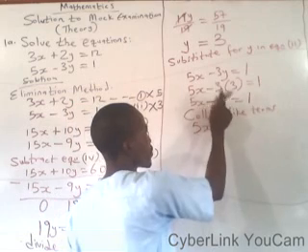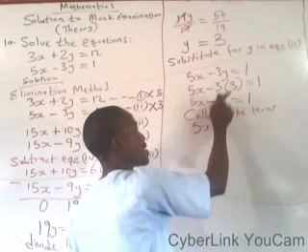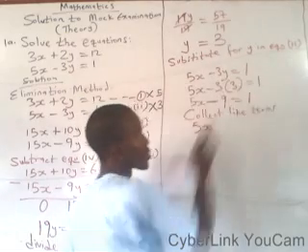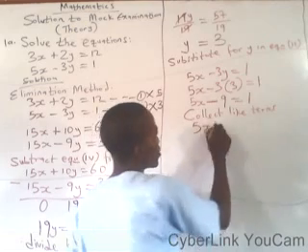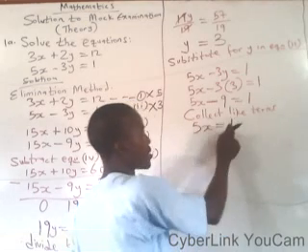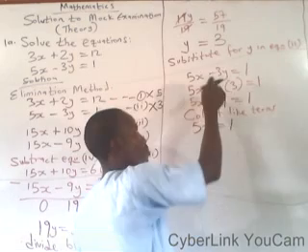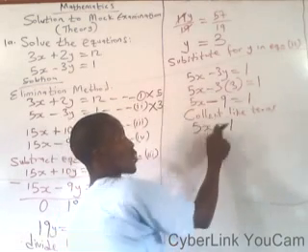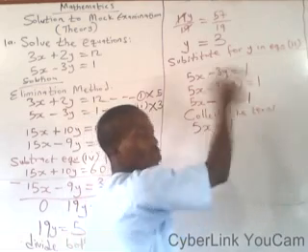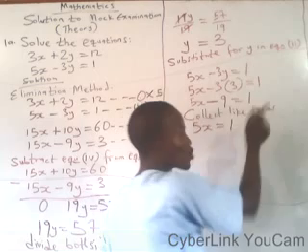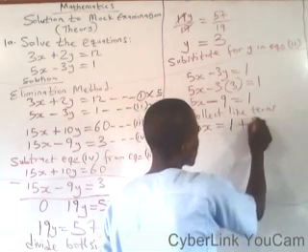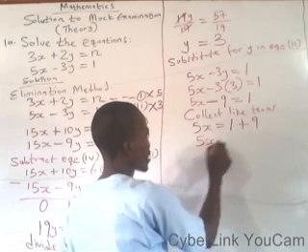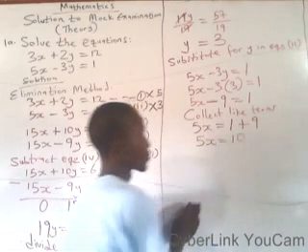This is minus 9. Don't forget, minus 9. 9 is now moving from this particular side to the other side because 9 does not have x. It is equal to 1. 1 is outside already, waiting for minus 9 to come. But for the fact that minus 9 wants to cross this equality sign to the other side, it is going to change from minus to plus. That is plus 9. Now we have 5x is equal to 10.